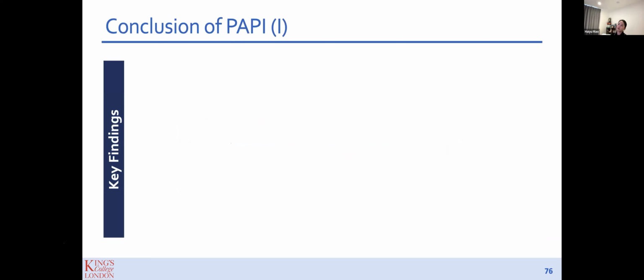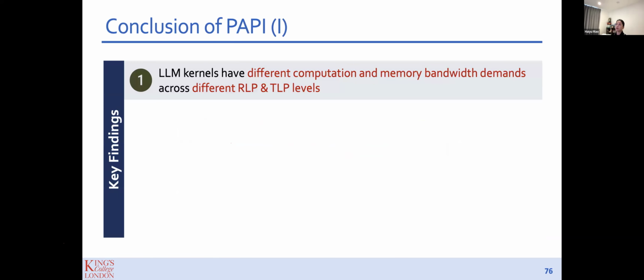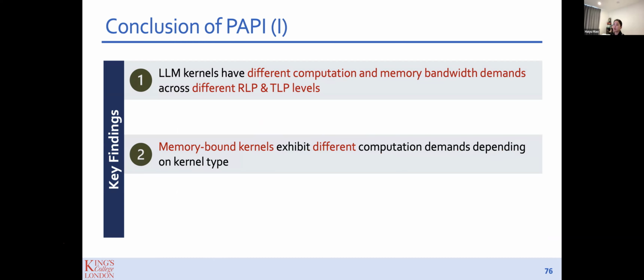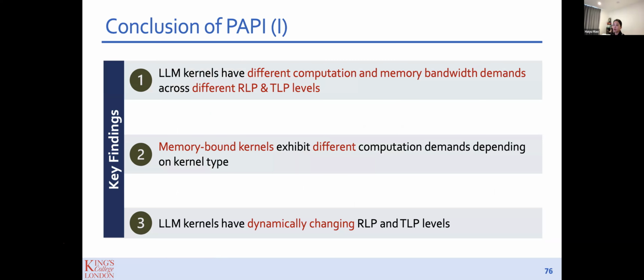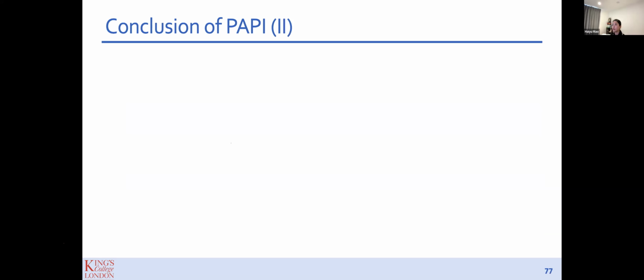And to conclude, we find that large language model kernels have different computation and memory bandwidth demands across different ILP and TLP levels. We find that the memory-bound kernels exhibit different computation demands depending on kernel type. And large language model kernels have dynamically changing ILP and TLP levels.